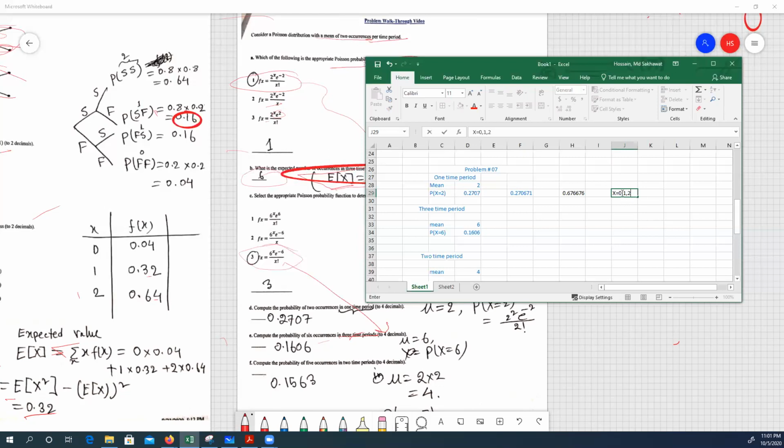That means you are adding these 3 probabilities: the probability of x equals 0, plus the probability of x equals 1, plus the probability of x equals 2.